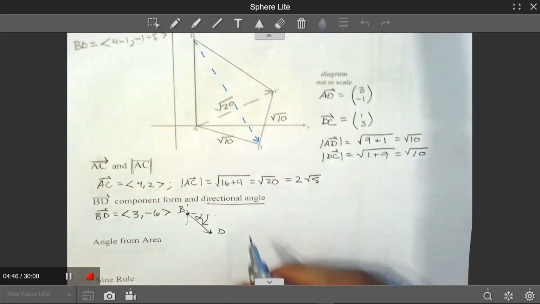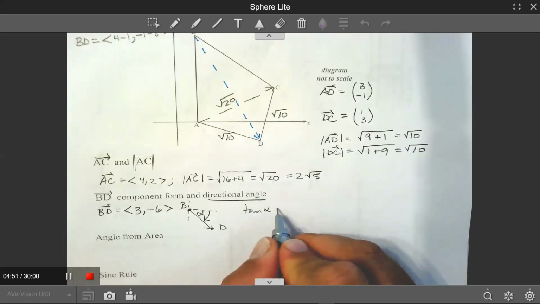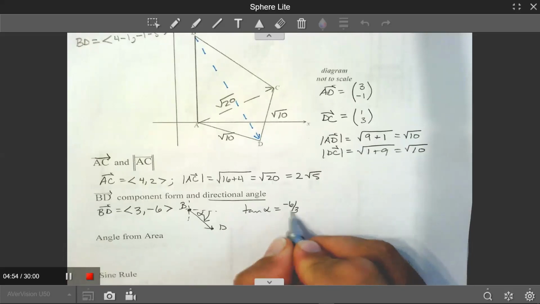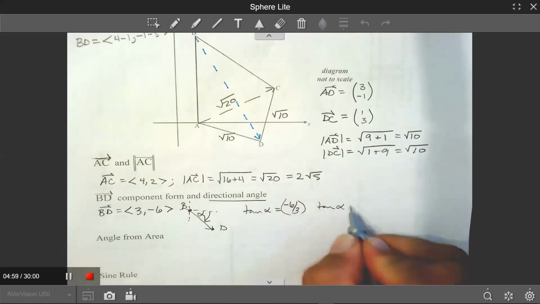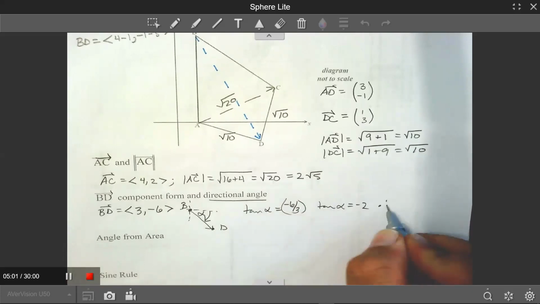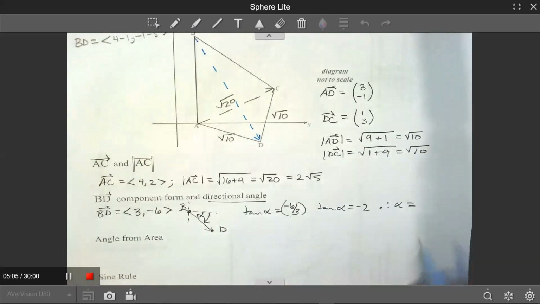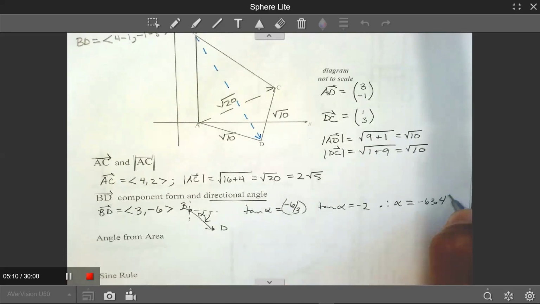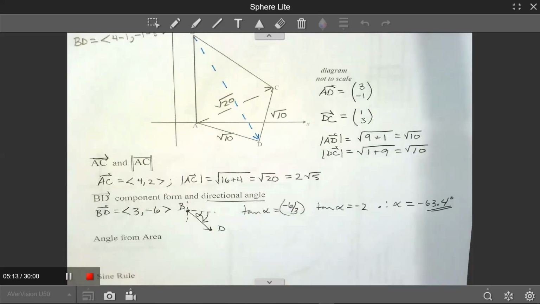Well, the tangent of alpha, that angle, is equal to y over x. So the tangent of alpha is equal to negative 2. Finding the inverse tangent, we would get about negative 63.4 degrees.